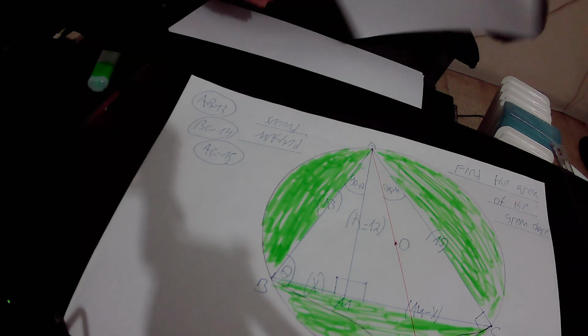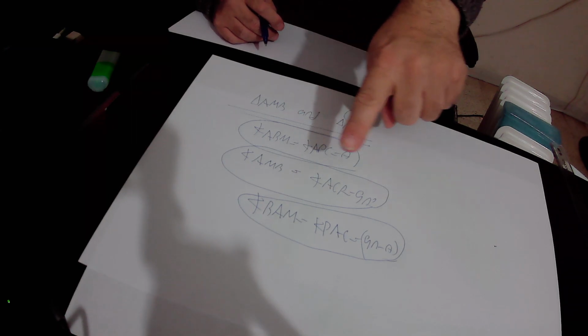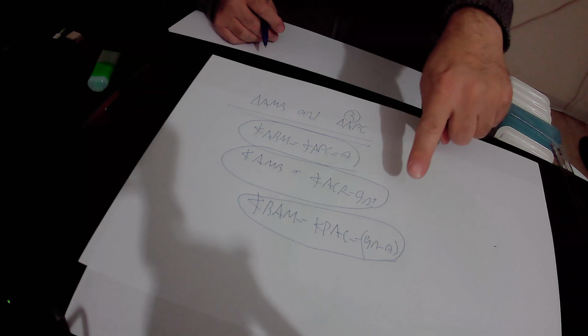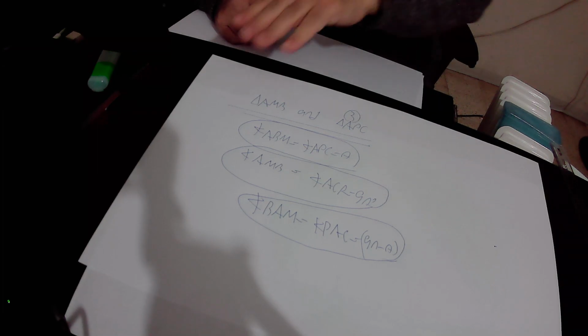Repeat again. Angle BAM in triangle AMB equals angle PAC in triangle APC. They are both equal to 90 degrees minus theta, therefore they are equal to each other.